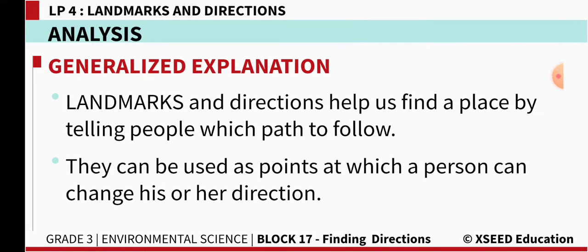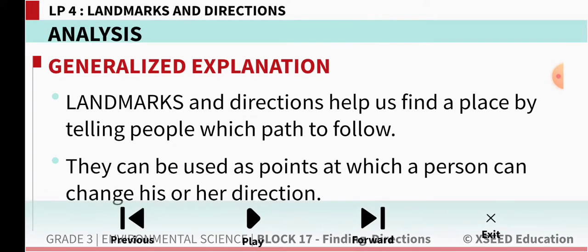Landmarks and directions help us find a place by telling people which path to follow. Okay, we can say from school you move towards the north, from the zoo park you move towards the east, like that. Okay, it was just an example. They can be used as points at which a person can change his or her direction, right?